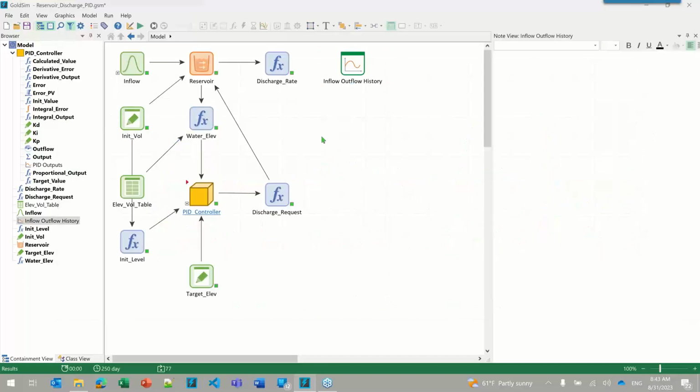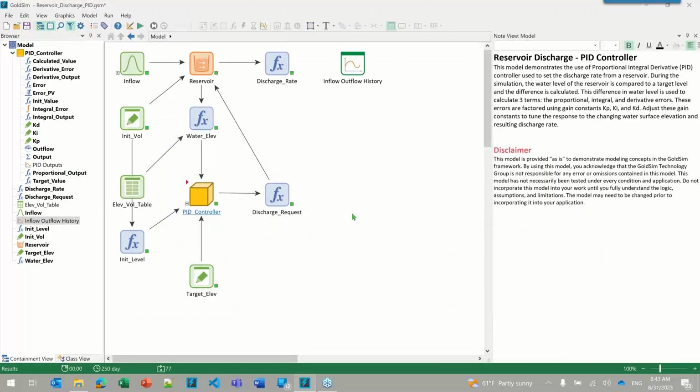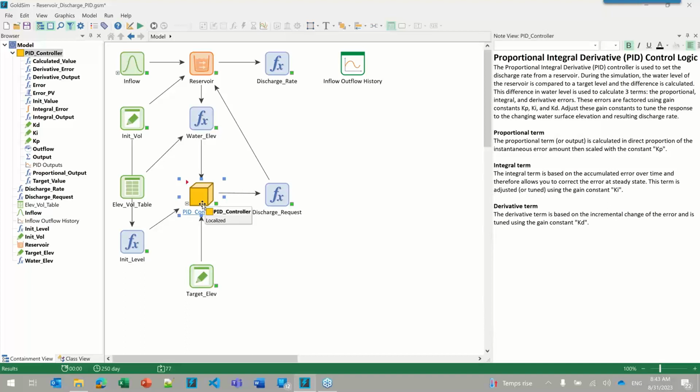So these are some of the major ways of controlling. And now, obviously, there's a lot of other things you can do on the hydraulic side, so you might have a spillway or maybe a more complicated set of outlet structures that you want to model.